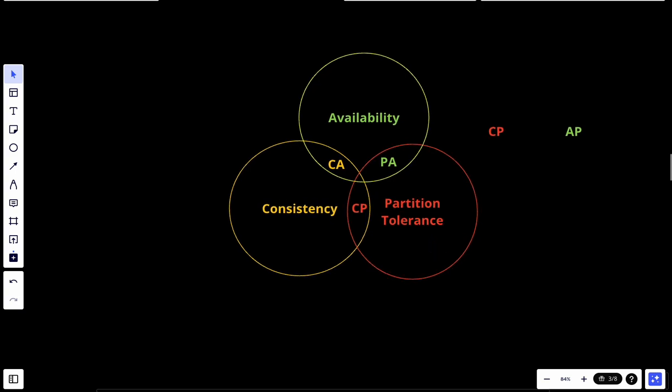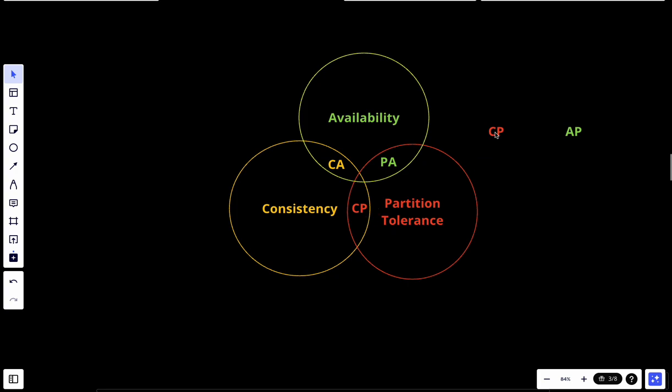It's important to note that the CAP theorem simplifies a complex landscape of trade-offs in distributed systems. Some systems may offer various levels of consistency and availability, and the choice often involves a nuanced understanding of the specific use case.